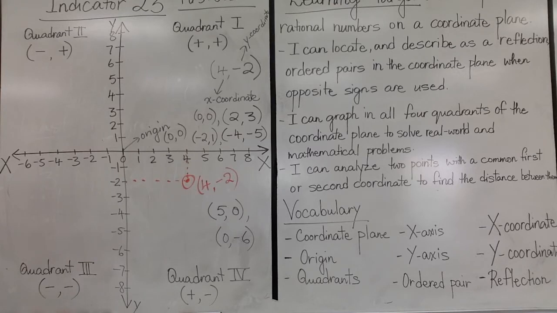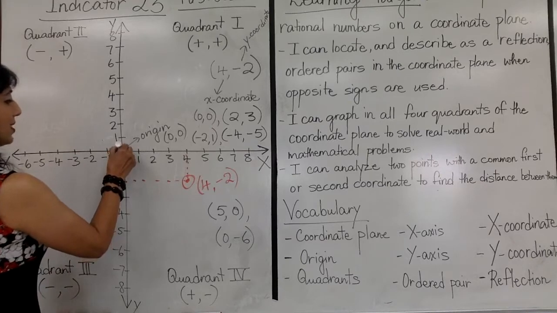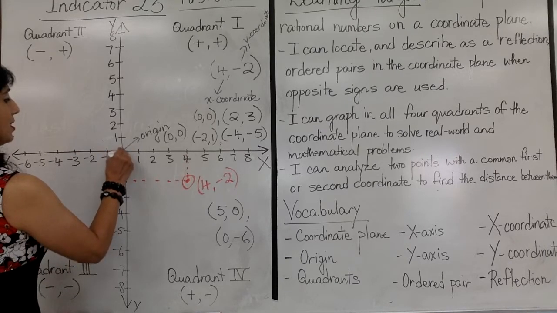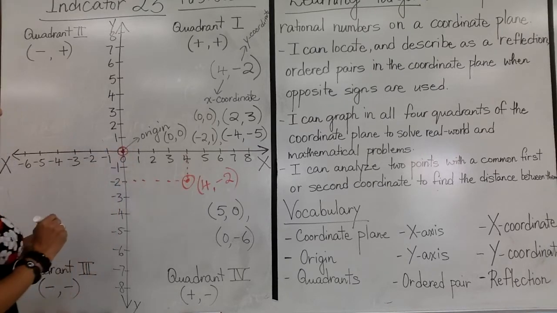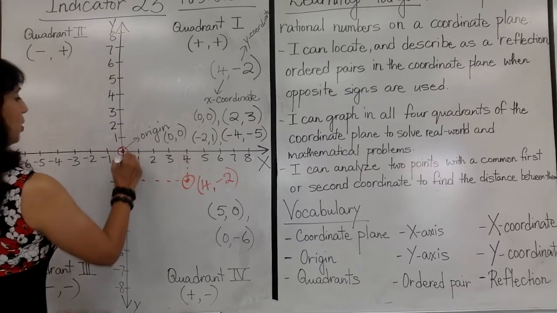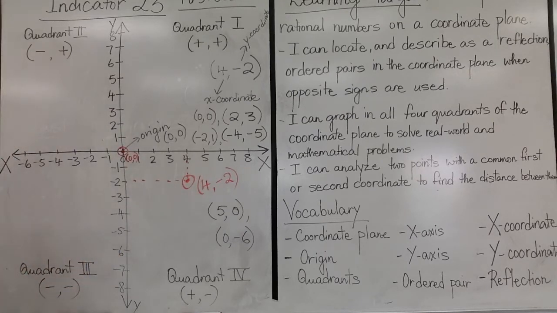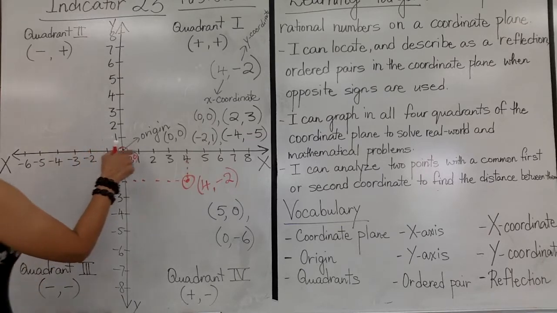First one, 0, 0, which is the origin. If this is 0 on the x-axis and this is 0 on the y-axis, this is the simplest thing. And then please write your ordered pair next to it. So here we go, 0, 0. If I was graphing 2, 3, I would go on x first.